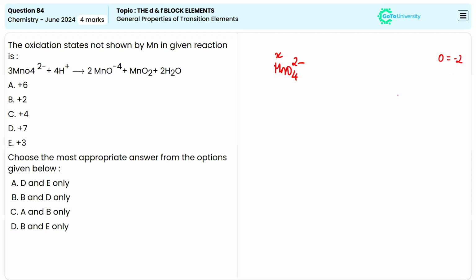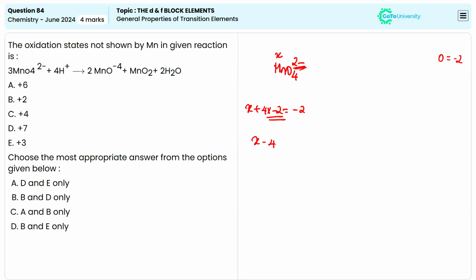So according to the rules to find out the oxidation number, the summation of the oxidation states will be equal to the total charge of the species. Here the charge is minus 2 only, right? So we can write X plus 4 times minus 2 is equal to minus 2, because the charge is minus 2 here. Now 4 oxygens are there, so the total charge of oxygen is 4 times minus 2.